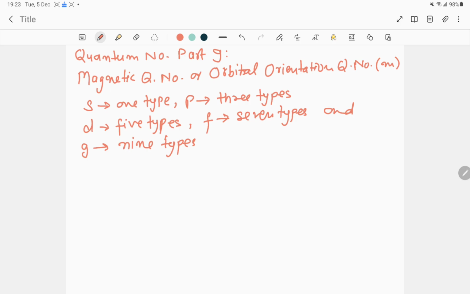Thus, for a given value of the azimuthal quantum number, the total number of m values is equal to 2l plus 1. In this way, the m value depends on the l value.